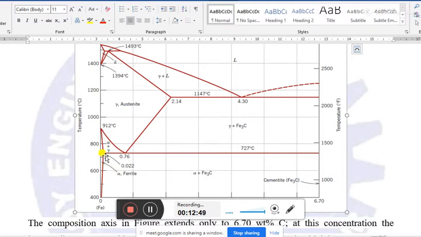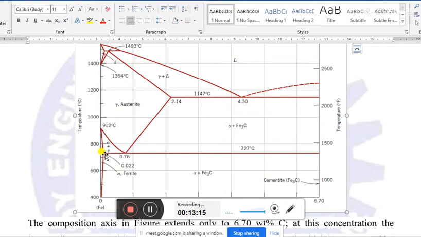Obviously the solubility of carbon is very little, that is 0.022 weight percentage of carbon. After 727 degrees Celsius to 768 degrees Celsius, that solubility will decrease. This 768 degrees Celsius is the last temperature of alpha ferrite.